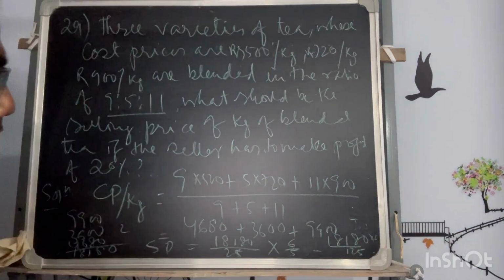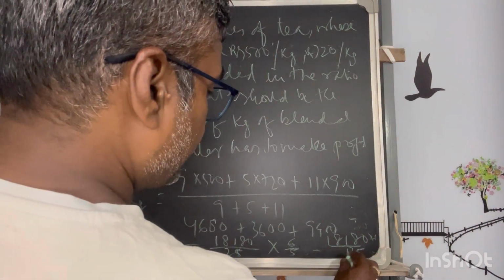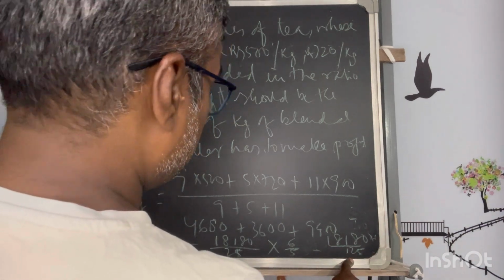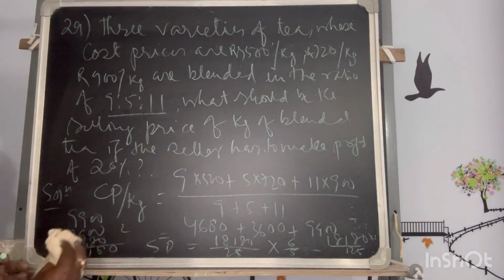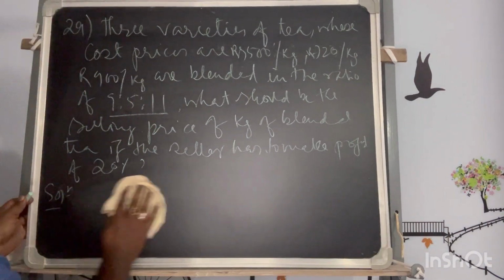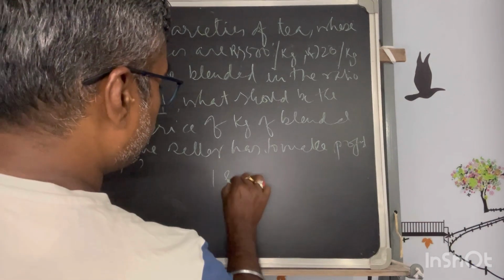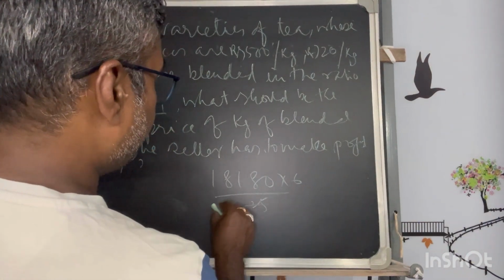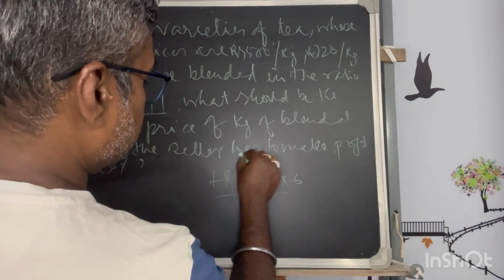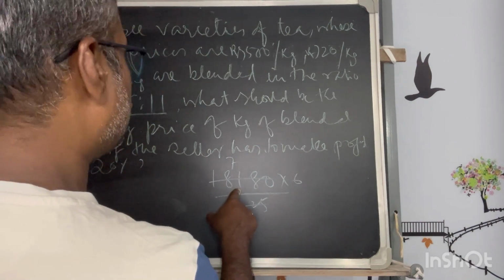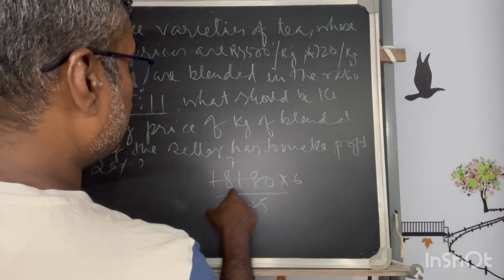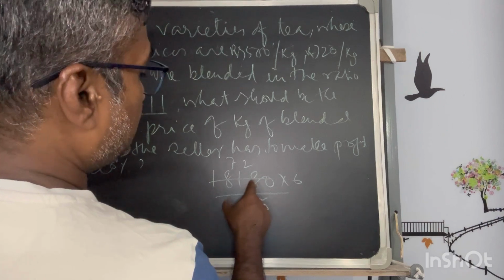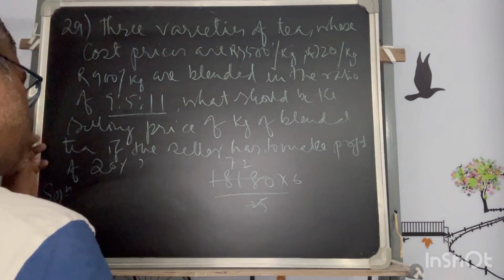So now I have to calculate this. Let me take the 18180 into 6 by 25. 25 if I calculate, this will be 7 times, so 175, that means 68, 250, 180, 75.